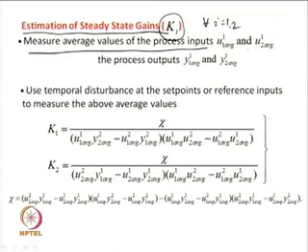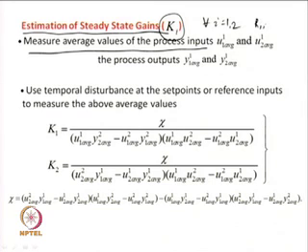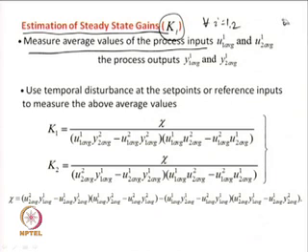These are the two process inputs, but at any instant of time when R1 and R2, the two set values, are not equal to 0, at that time you measure the process inputs and denote them by U11 and U21. When you measure the average values of the process inputs, denote them by U11 average and U21 average.